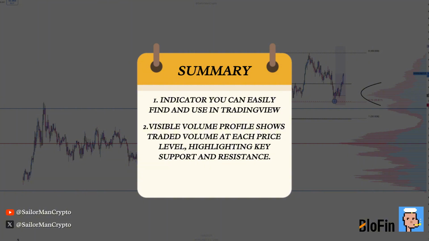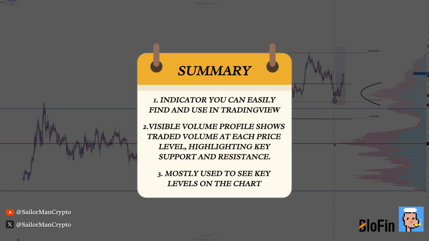I'm using it when there are more ranges, more consolidation, and when I want to see a bigger time frame and see key levels on multiple historical moments of that specific chart, while I use the fixed volume profile when I want to check only the latest range we are trading in.